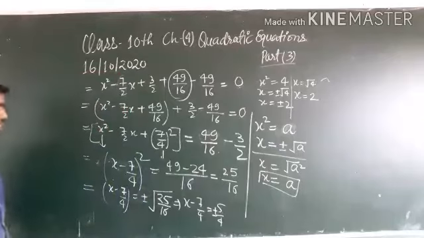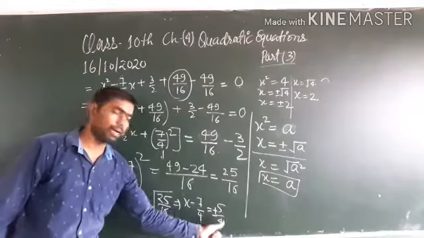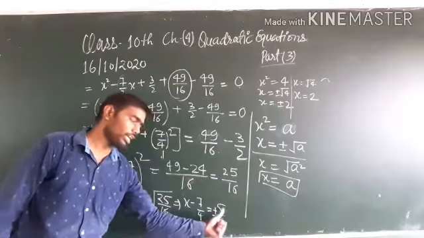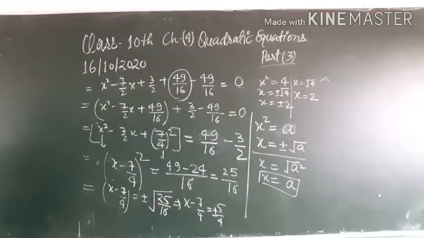So we find x minus 7 by 4 is equal to plus minus 5 by 4. Here there are two values, plus 5 by 4 and also minus 5 by 4. So to proceed further, please pause the video and note it down.